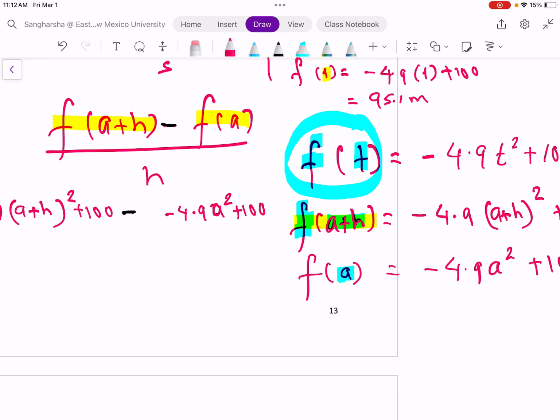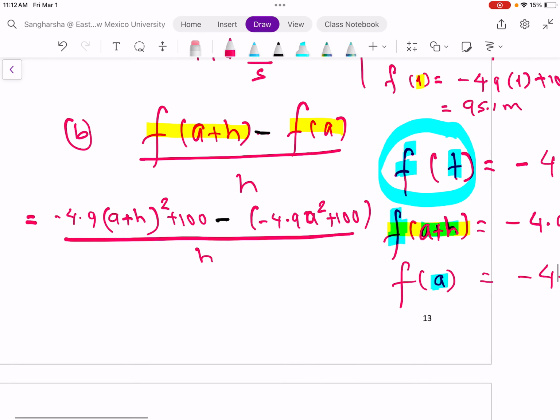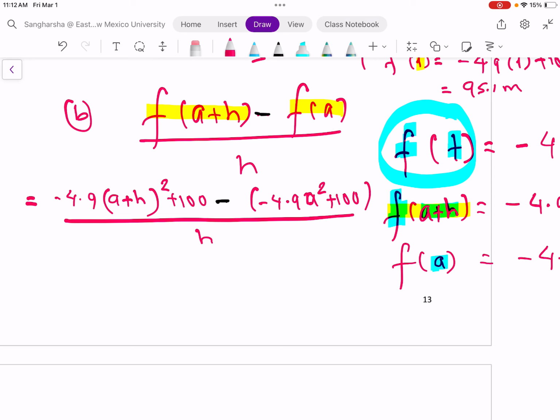We have two terms, so we need to have a parenthesis here, divided by h. Any question up to here? Now let's simplify our numerator and we get the final answer.